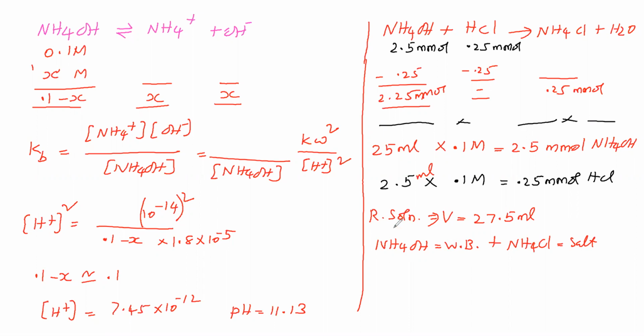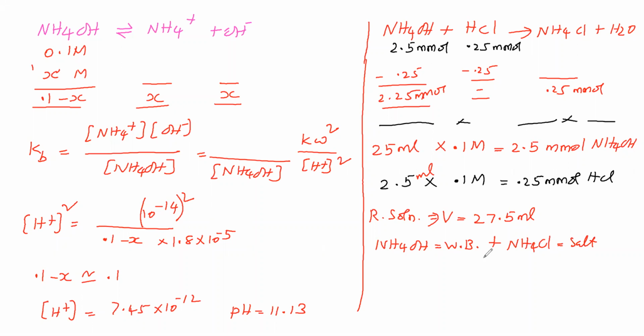So in the resultant solution, what is present? Ammonium hydroxide, a weak base, is present, 2.25 millimoles, and the salt ammonium chloride is present. This salt is obtained from a weak base and a strong acid. So the resultant solution is what?